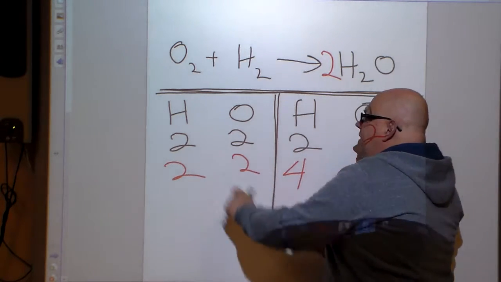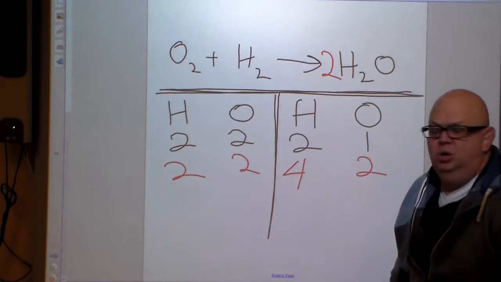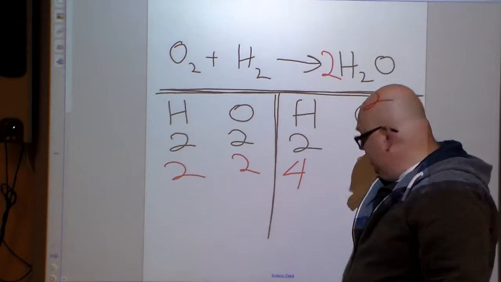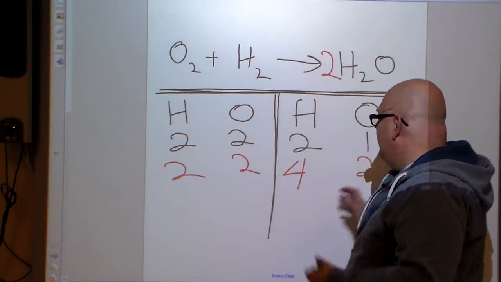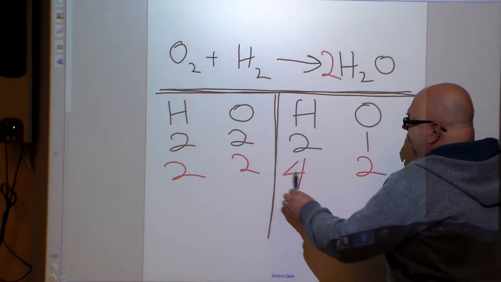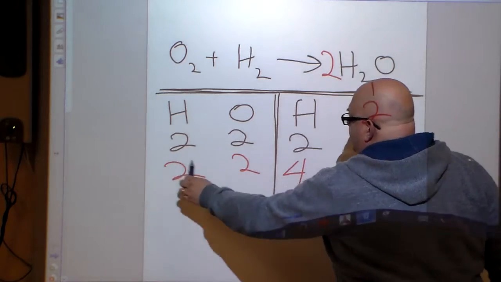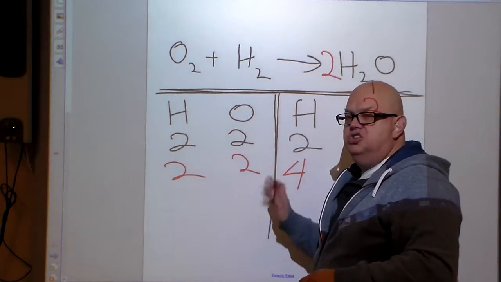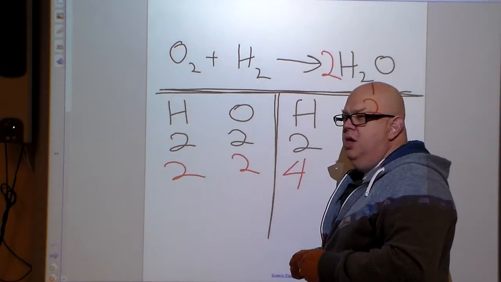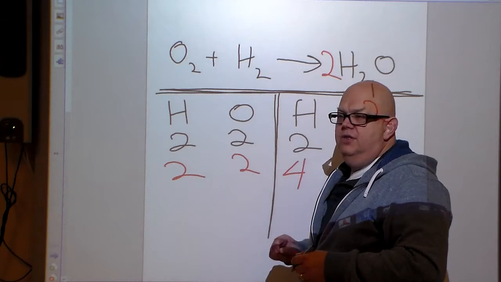Yay! We're not balanced for the hydrogens. Boo! So, how do we handle this? Well, we now got to work with balancing out our hydrogens. And this isn't too bad because we have 4 on this side, we have 2 on this side. What number does 2 and 4 go into evenly? Well, they both go into 4 evenly.